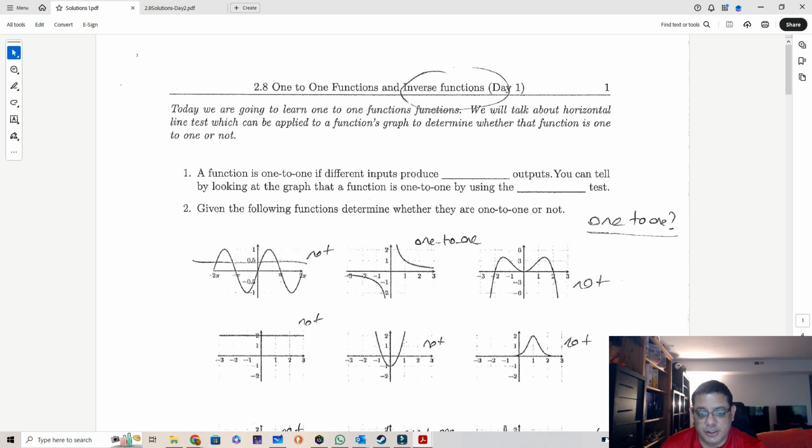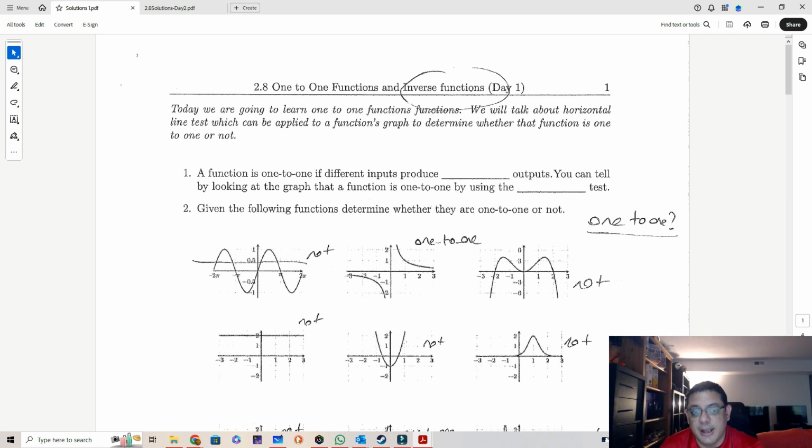The constant function is also not one-to-one because everybody goes to the same output regardless of the input. The x squared family of functions, when you translate x squared, is definitely not one-to-one because you can find that any output has two related inputs.